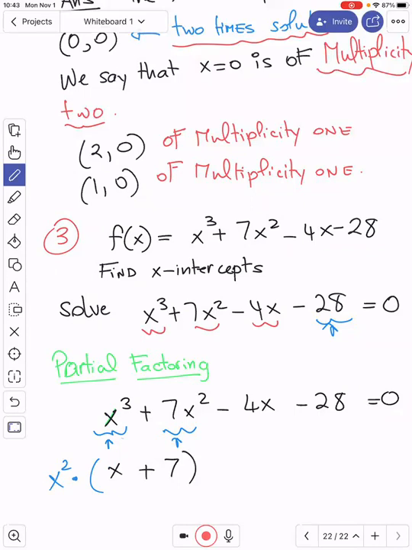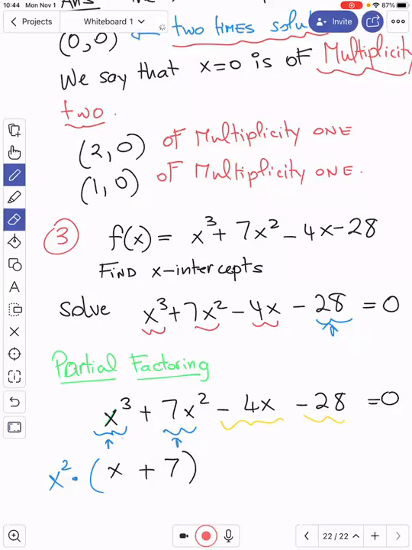Now I'm going to try to factor the third and the fourth terms. The third term is minus 4x, and the fourth is negative 28. Or no, sorry, it's not. It's minus x plus 4.